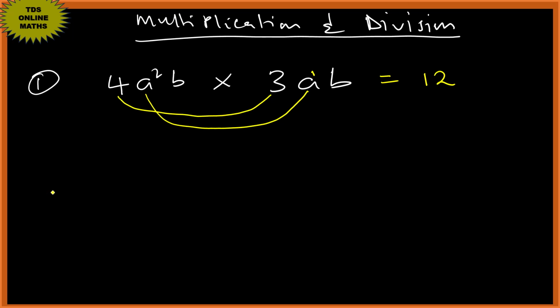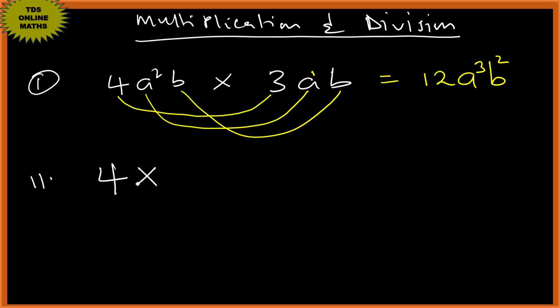If you multiply and the bases are equal, just add the powers. So we have a to the power 3. And go ahead and multiply the b. So we have 1 times 1, b squared. So that is what we are going to do.